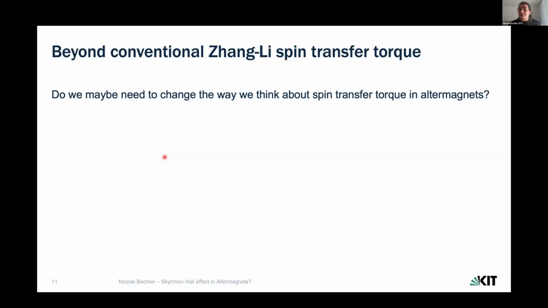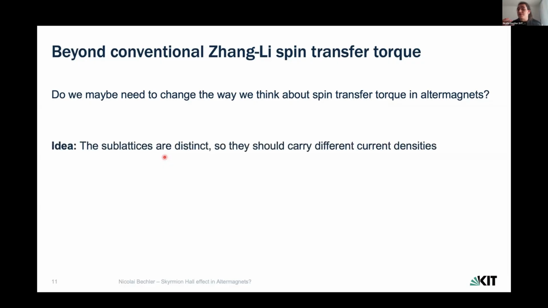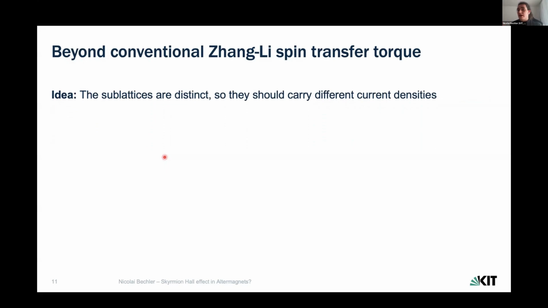But in an Altermagnet, we have a different dispersion due to the time reversal symmetry breaking and the anisotropic exchange. So the sublattices are distinct and should carry different current densities. And if they carry different current densities, then by design, the Hall effects would not cancel each other in the two sublattices, and we would see a Skyrmion Hall effect.